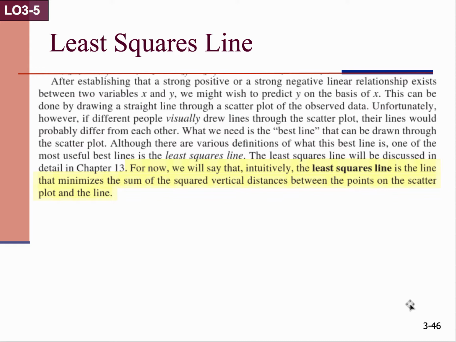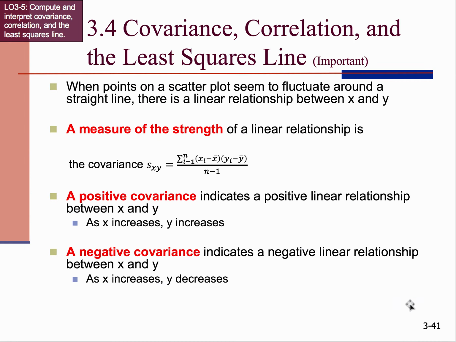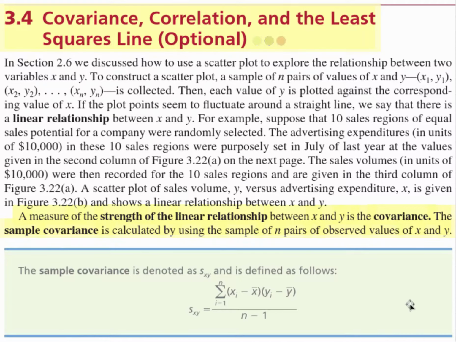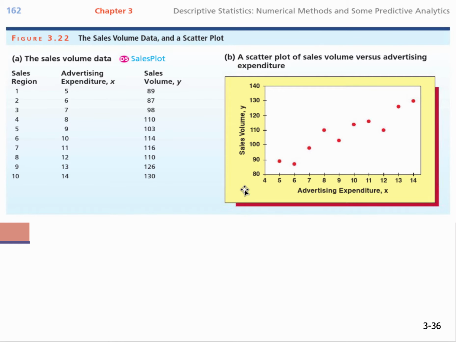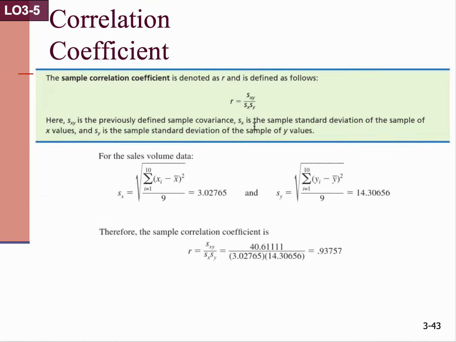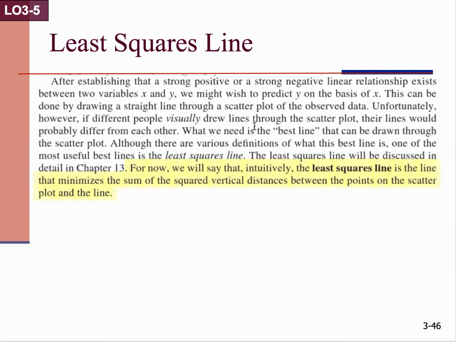Okay. The other aspect, which we started this video with: how about having a virtual line that can really represent the relationship between x and y? This is what is called the least squares line.